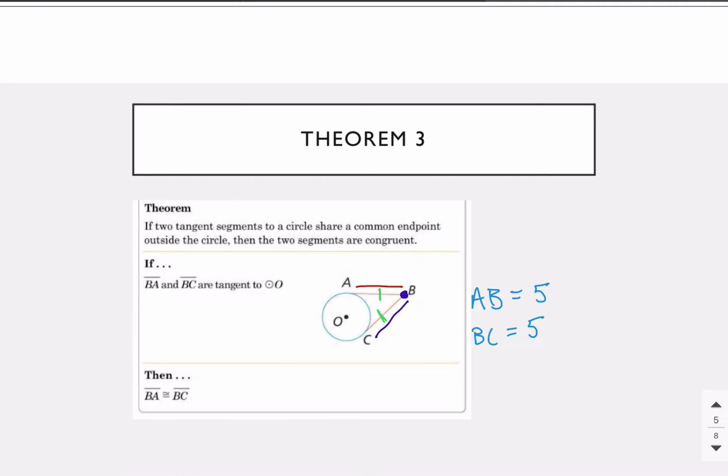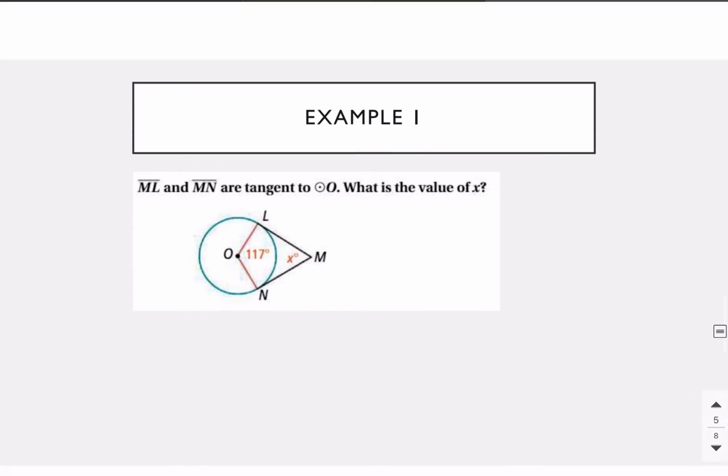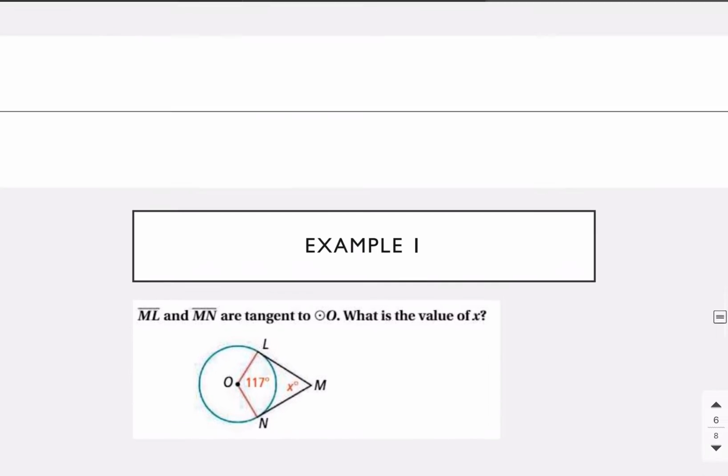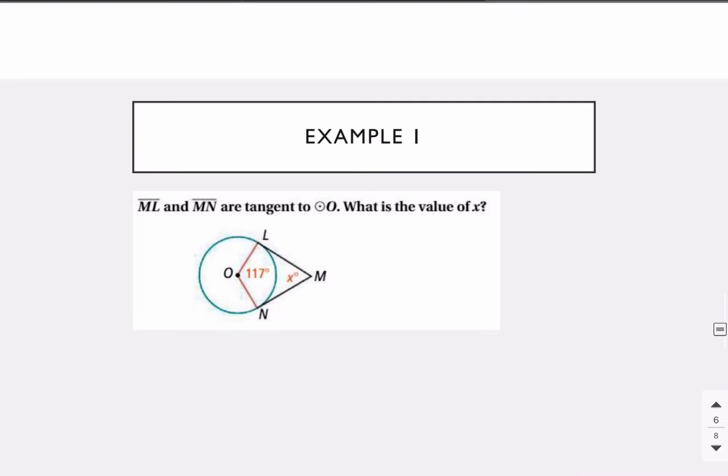Now we're going to get into a couple of examples actually applying these theorems. The first one: ML and MN are tangent to circle O. What is the value of x? I'm trying to find this angle. If we recall, a shape with four sides has angles that add up to 360.